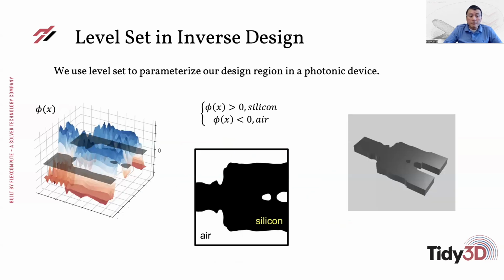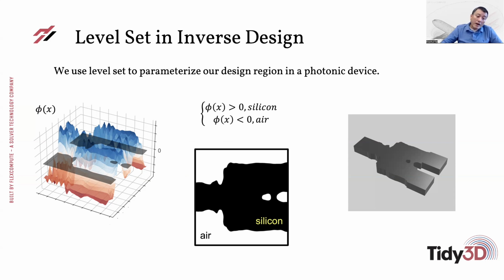So let me give an example. Suppose you have a very complicated function, phi as a function of x and y in this case, or a two-dimensional space. The function value fluctuates below and above 0, and then you choose the threshold to be 0.